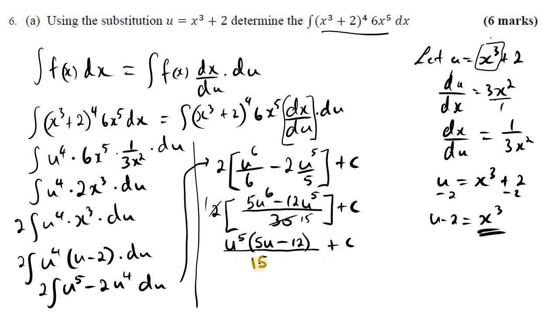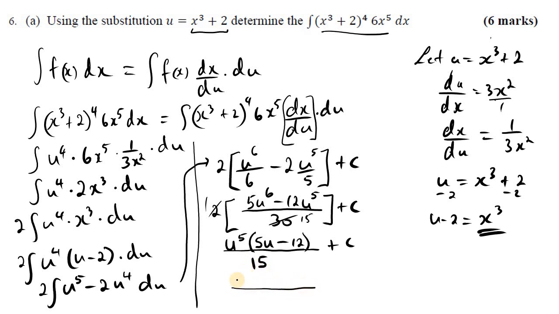Alright, see what we could do better. Based on what we have here, we can't simplify it any further. So now we can substitute or replace the u. Remember, we were told that we're going to let u equal what? x cubed plus 2. So we're going to put that back in where we have the u.